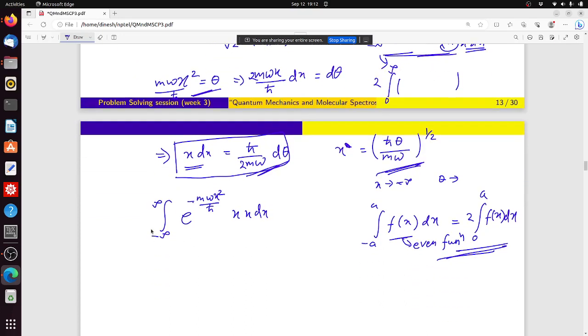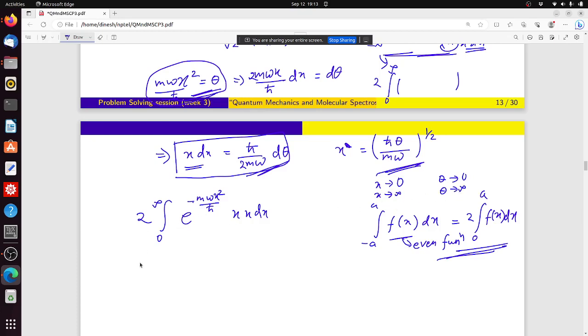Okay, so let's change the limit. This is 0 to infinity, 2 will come here. So when x tends to 0, theta will also tend to 0, right? When x tends to infinity, theta also tends to infinity.